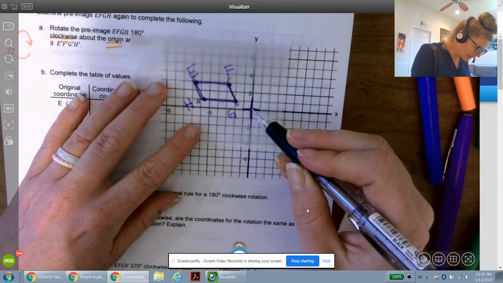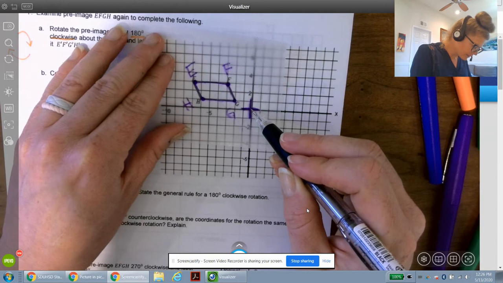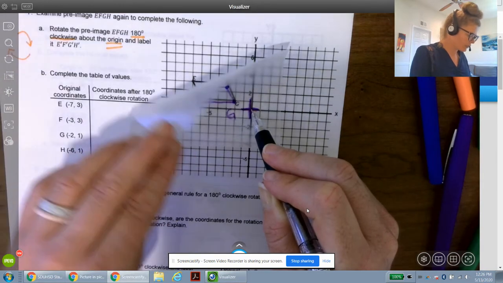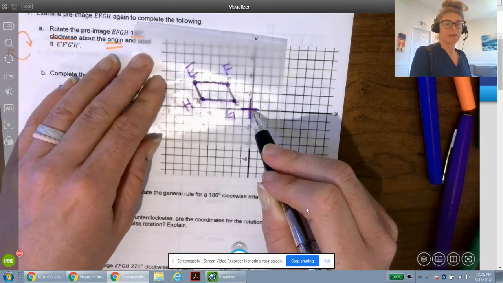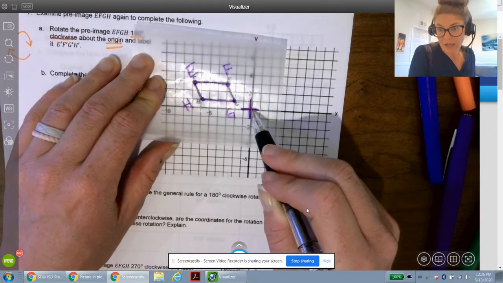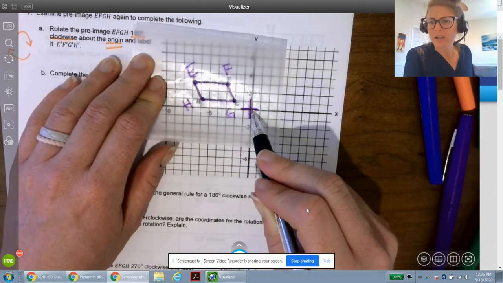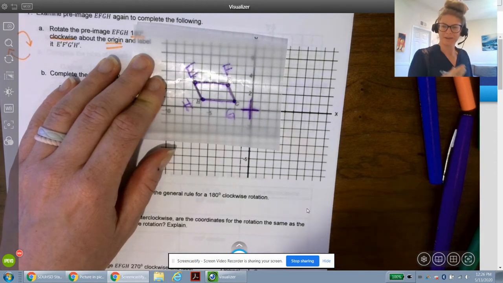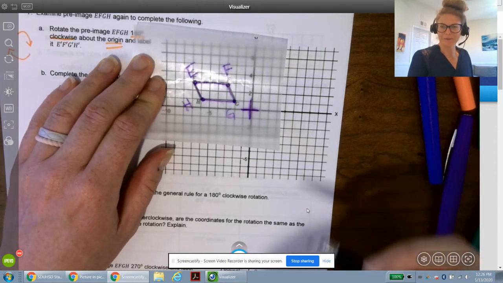So I'm going to line this up. Perfect, perfect. And now I'm going to go 180 degrees clockwise. Remember, when you're going 180 degrees, direction doesn't matter.